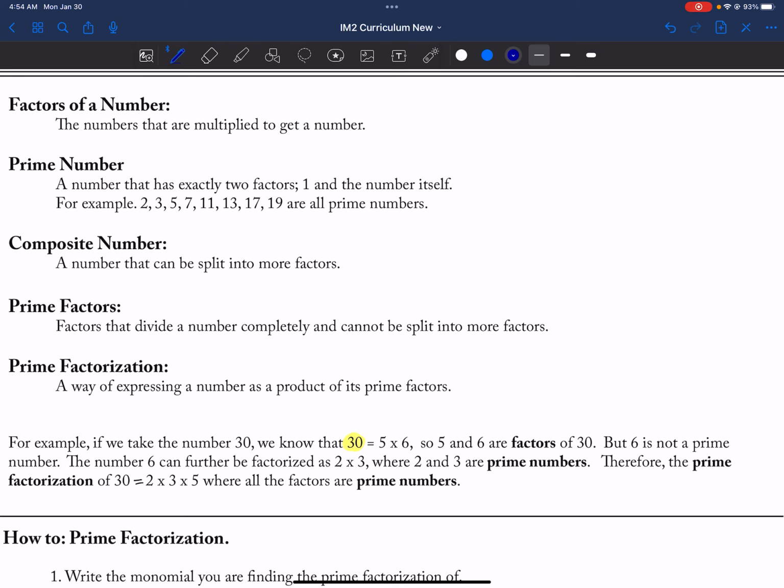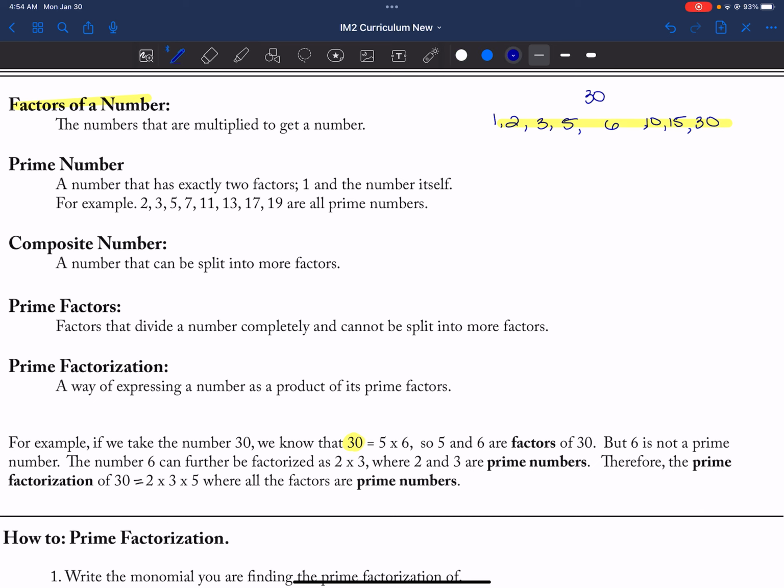So 30, right, factors of 30: 1 and 30, 2 and 15, 3 and 10. 4 does not divide in evenly, 5 and 6. These are factors of a number. Okay, so that would be the factors of 30.